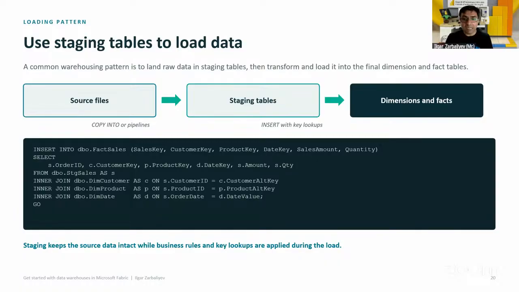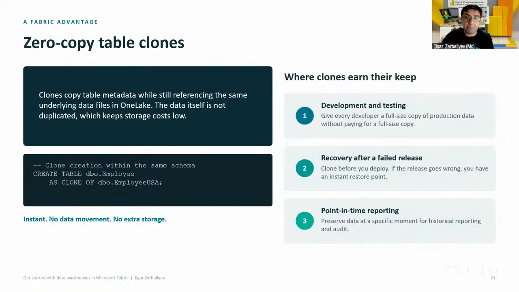And three, this is where you apply business rules and data quality checks in a place where you can inspect the before and after. The pattern keeps your source data intact while you apply business rules and key lookups during the load. Simple, and it will save you a lot of pain.